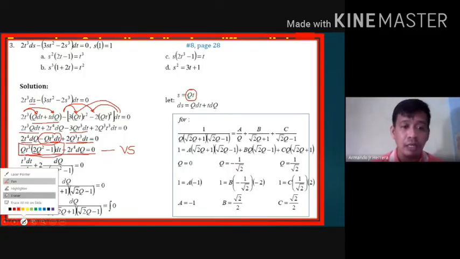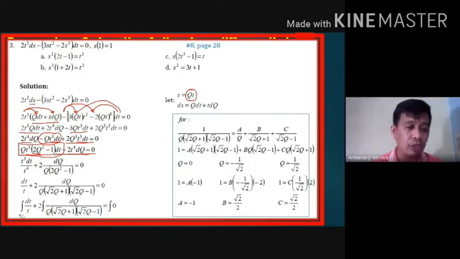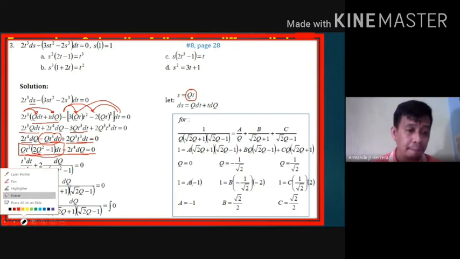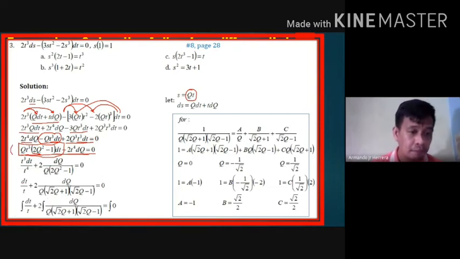So, i-divide natin yung term na yon with 1 over, sa second term, i-divide ko siya by t to the fourth. Yung first term, i-divide ko sa q na function. So, this is q.